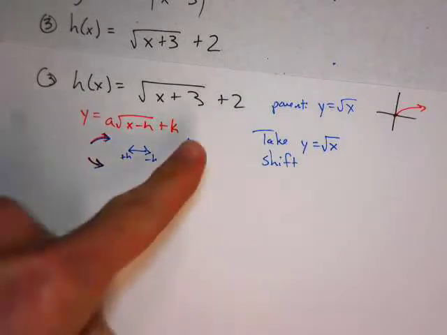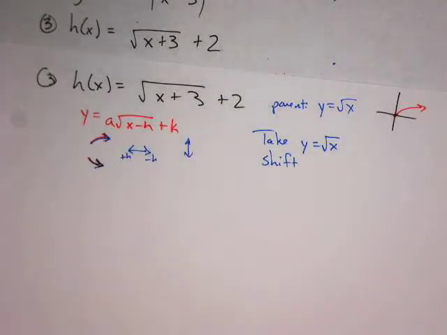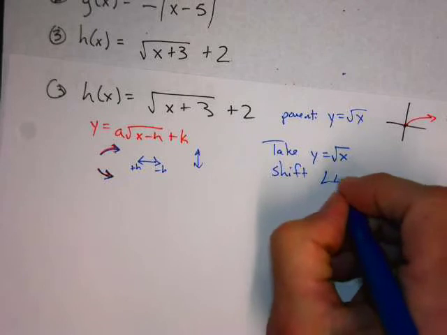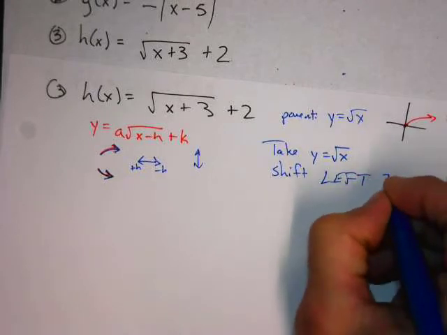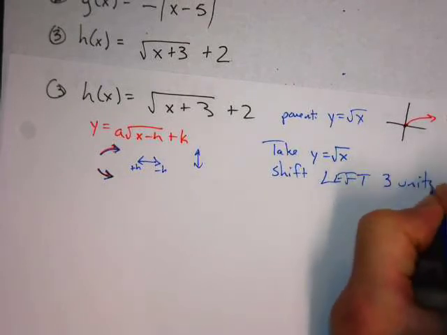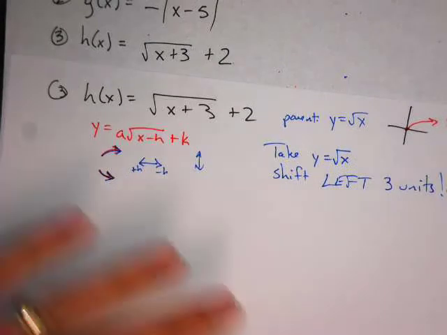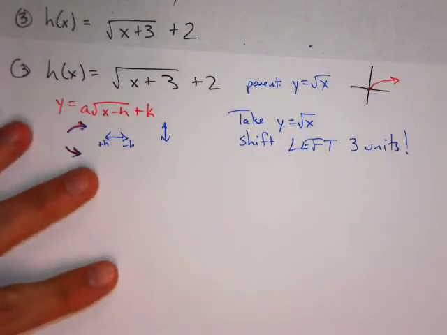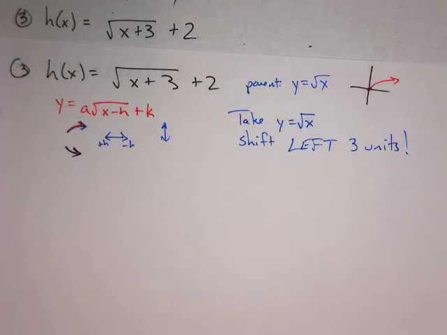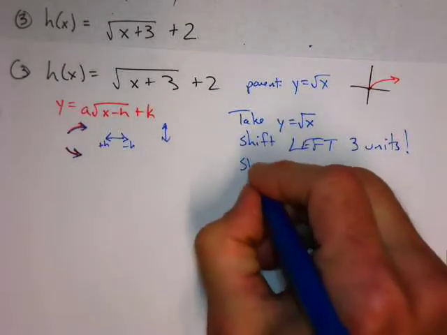This means we're going to shift 3 units to the left. That's important. We're going to take the parent function and shift it left 3 units. That's crazy, right? But we proved it already. So we shift left 3 units, and then we will shift it up 2 units.